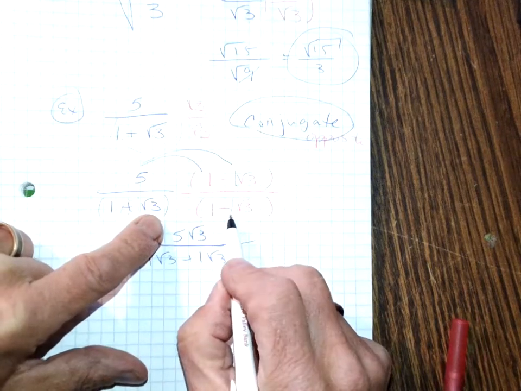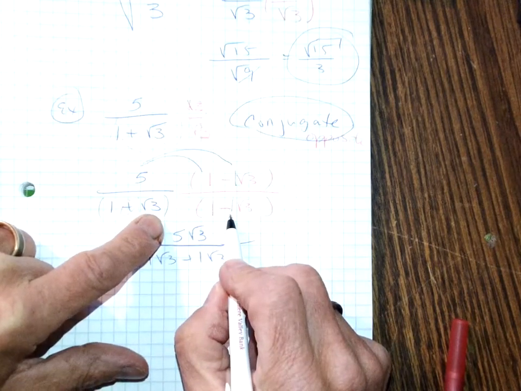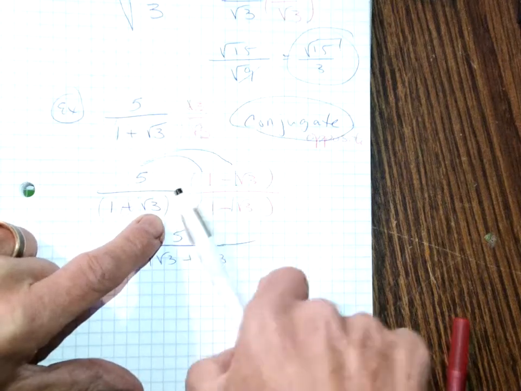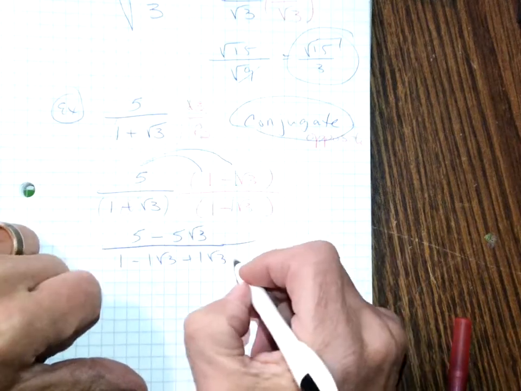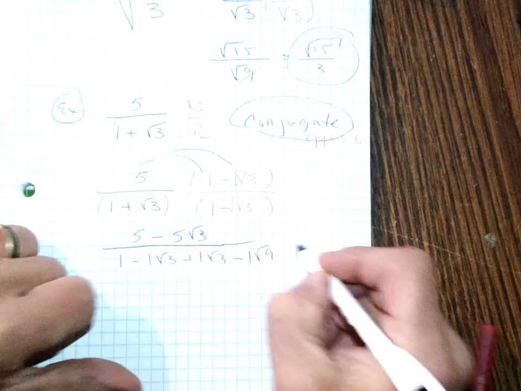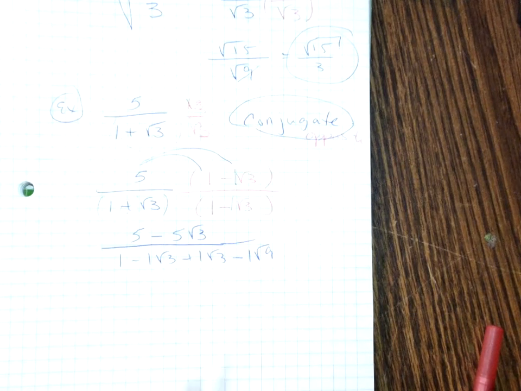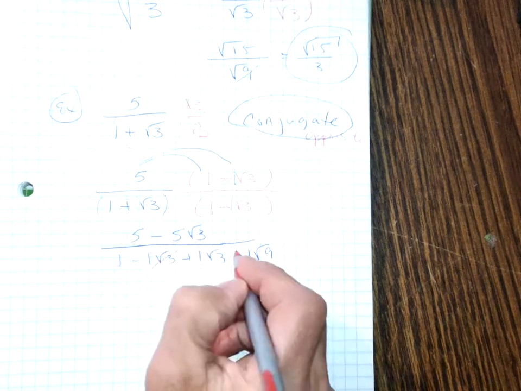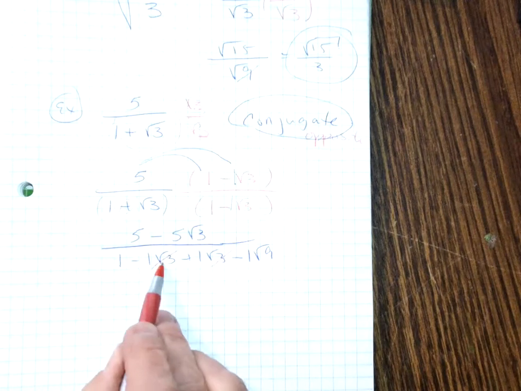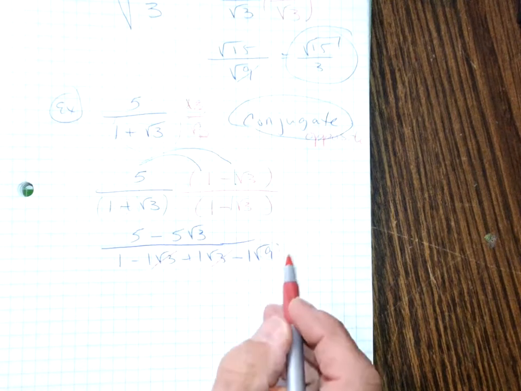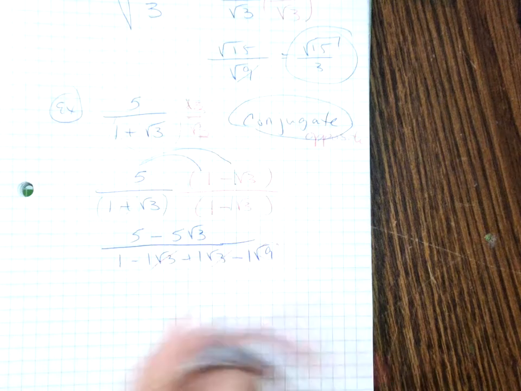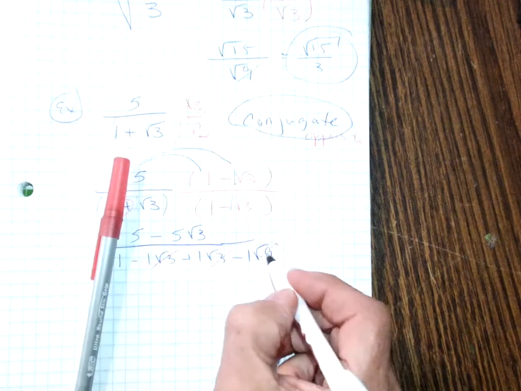And then I get a negative 1 square root of 9, because I'm going 3 times 3, since I can multiply these. Here's what's going to happen. I still have square roots on the bottom, but they're going to disappear. Remember, the rule is you can't have a square root on the bottom. So these two cancel: negative 1 square root of 3 and a positive 1 square root of 3. And I know the square root of 9 is plain old 3, so that's going to become a plain old 3. Let's see what we have.